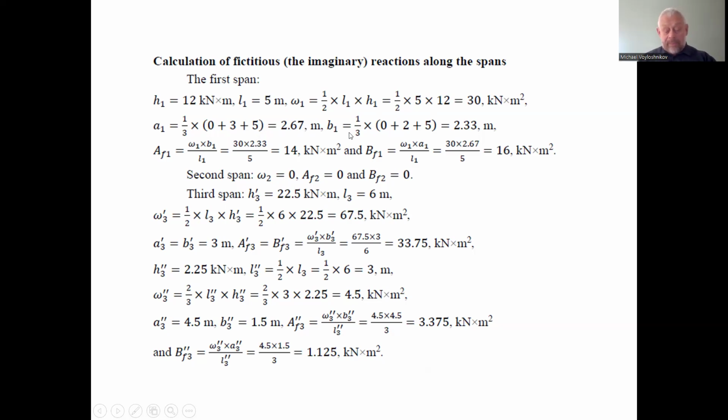From the right side, we can just take the difference, 5 minus 2.67, and we find the distance from the right support of the single span. So 5 minus 2.67 gives 2.33.